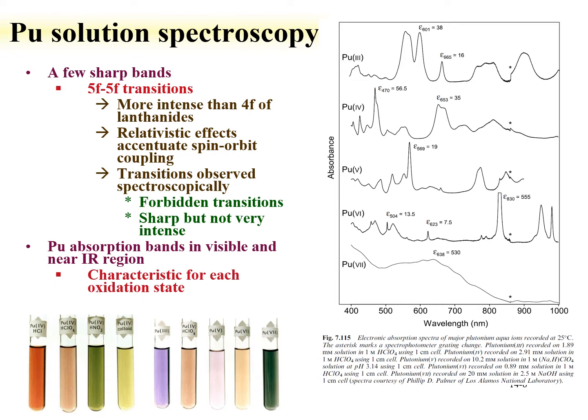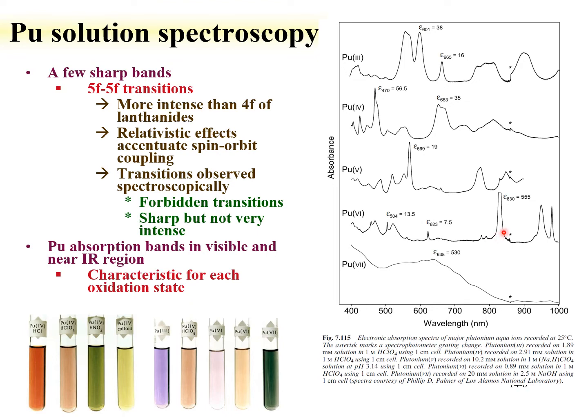Obviously, if we have different colors, we would expect to see different UV-visible spectroscopy, and this is evidenced by the absorbance spectra of plutonium in perchloric acid for plutonium-3, plutonium-4, plutonium-5, and plutonium-6 primarily. What I want to point out for these different oxidation states is that there are peaks which are indicative of the oxidation state.